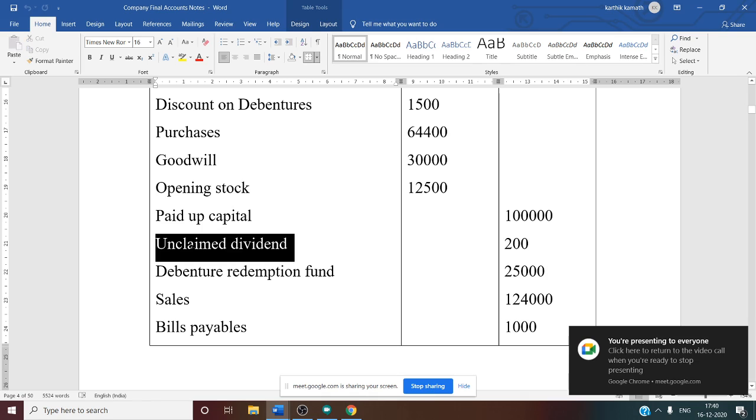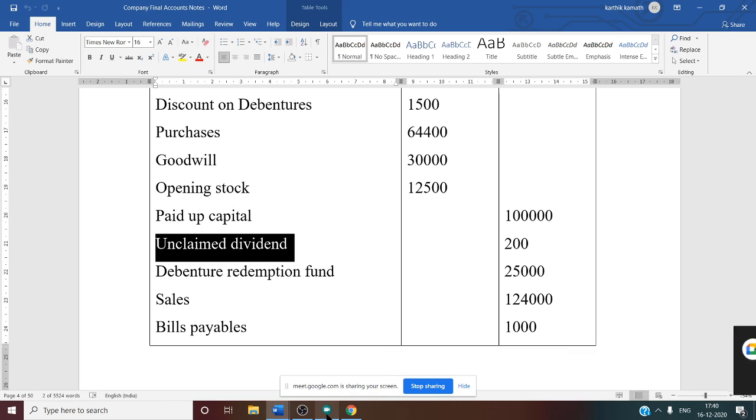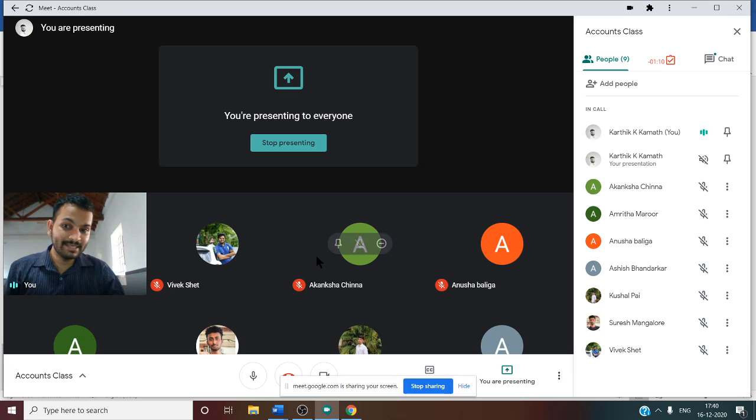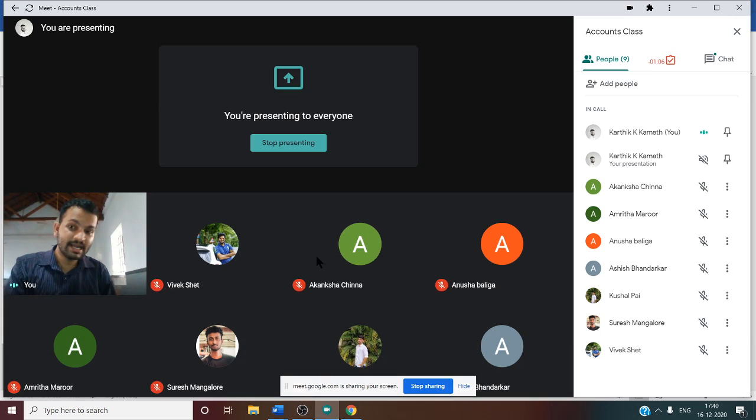Next, unclaimed dividend. It is given in the trial balance. First we have to decide whether this is a current liability. Unclaimed dividend means dividend which is due but not claimed.